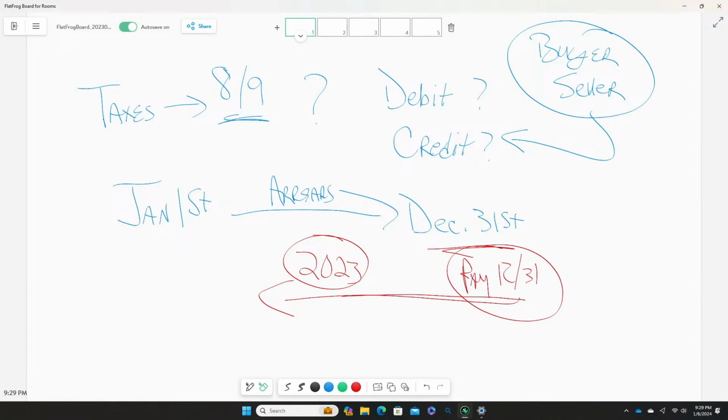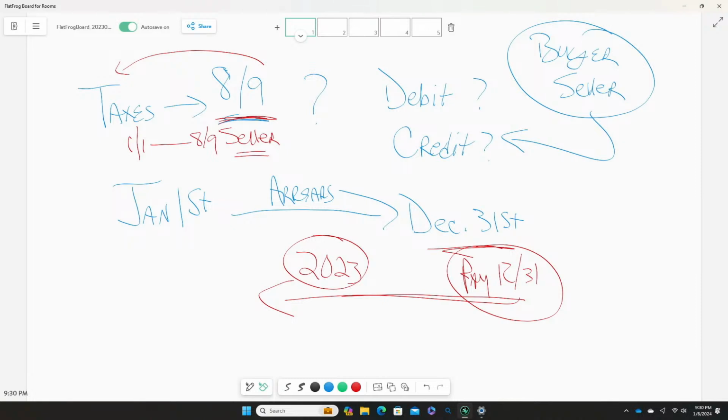So that kind of starts to tell us something here, that it's probably the seller who's going to owe from 1/1 to 8/9. Why? Because they lived in the home the first 7 months and 9 days. I'm going to get to that, Joe, on why you were asking me that. That's 7 months and 9 days.